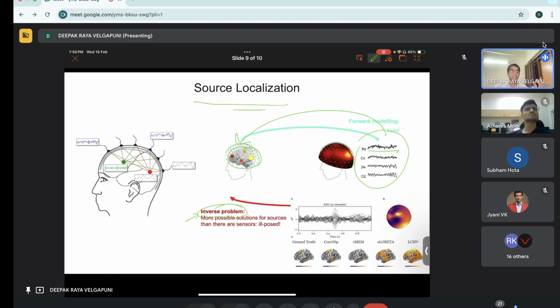That is, from the EEG time series, you are trying to find what the sources are, and there are many techniques, not one technique, and each technique gives a different kind of result, because there are some inherent assumptions within them. This is just to depict, you don't have to worry about the details. Not just electrode space, we can also do source localization and find how each source is causing certain potentials.